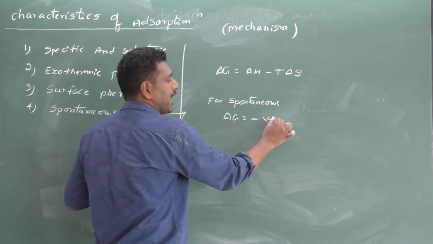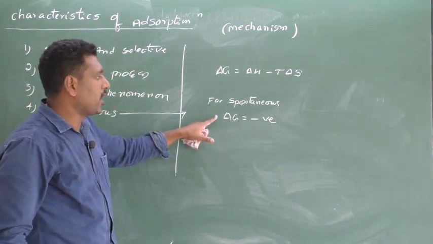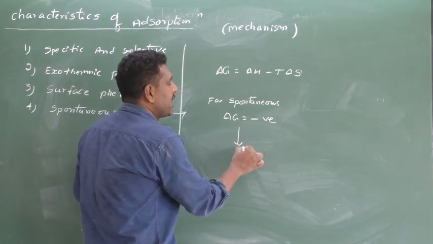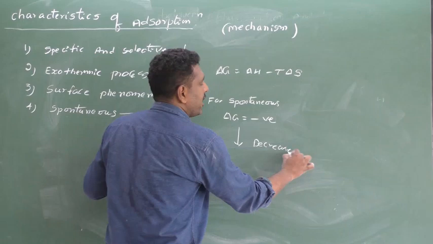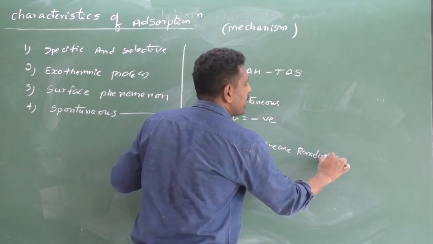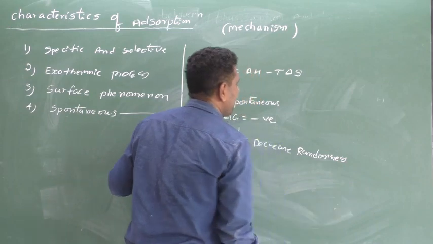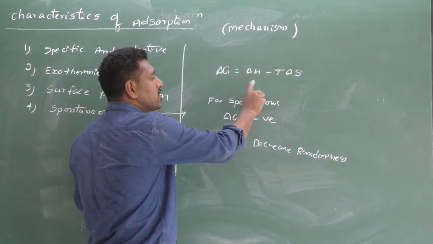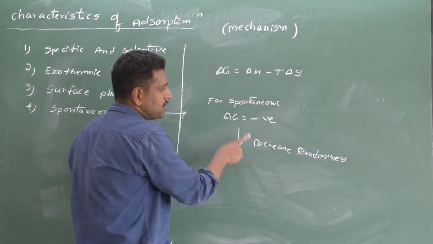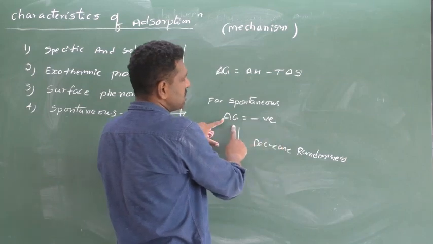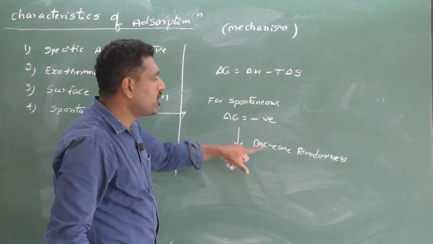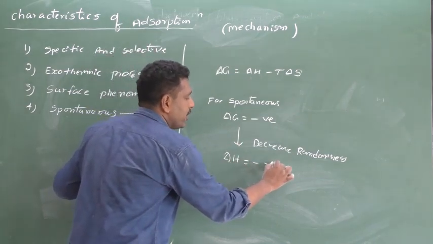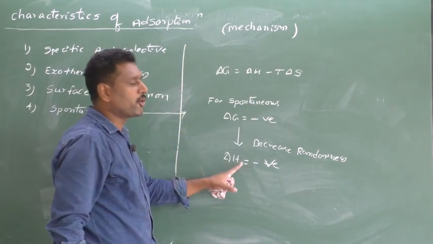Delta G is negative. For a system with negative free energy, the randomness, that is entropy, decreases. Therefore, T delta S is also negative. After that, delta H decreases. For less randomness, delta H is negative.